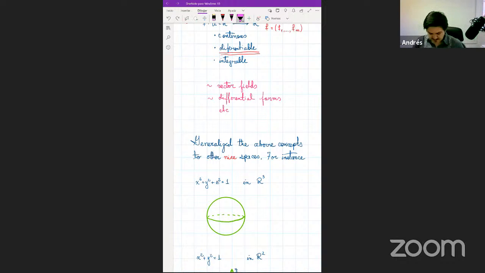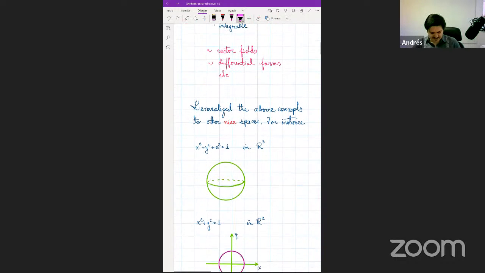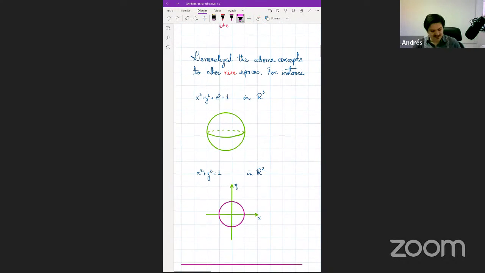Well, so we're going to start with the basic concepts of a manifold, okay? For this, we require some knowledge of topology, point set topology, to know what a topological space is and some other concepts.